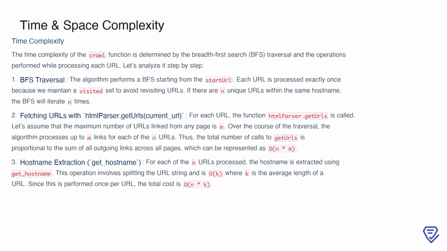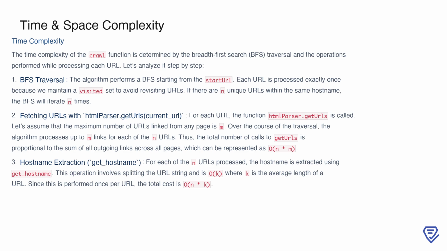Next, for each URL, we call html_parser.getURLs, which retrieves all the links on that page. Assuming there are at most m links per page, and with n pages in total, the total number of calls to getURLs is proportional to n*m. Lastly, each URL requires a hostname extraction using the get_hostname function.